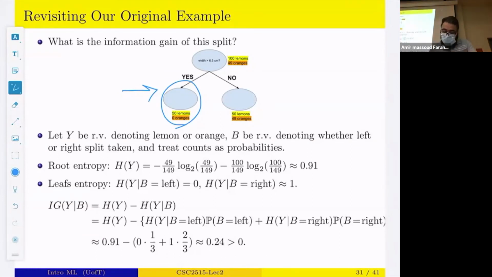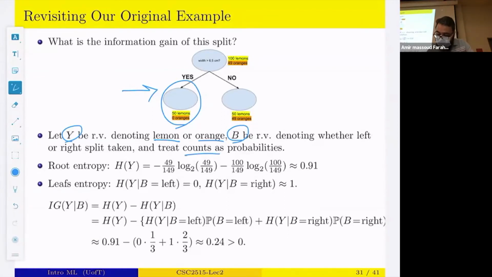Okay, so let Y be a random variable denoting whether something is lemon or orange. And then B would be a random variable denoting whether the left or right split is taken. So whether we are in the left one or the right one. And then we treat counts as probabilities.